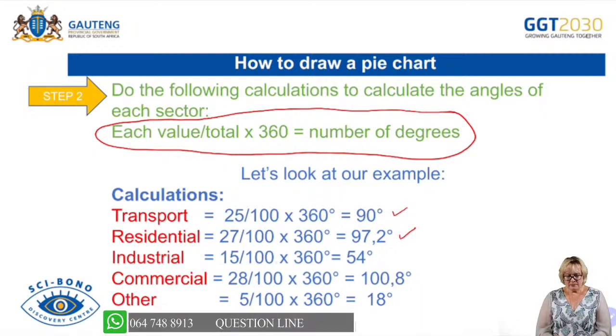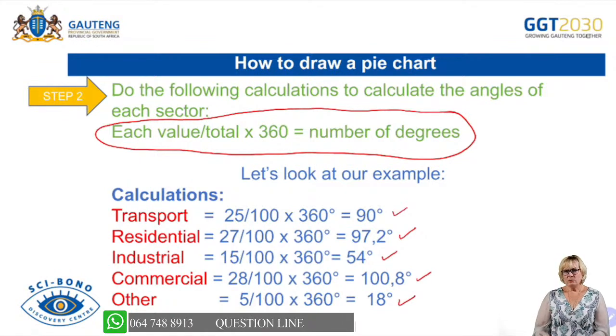Industrial, 15 divided by 100 times 360 gives you 54 degrees. Commercial, 28 divided by 100 multiplied by 360 gives you 100.8 degrees. And then 5 divided by 100 multiplied by 360 degrees gives you 18 degrees.